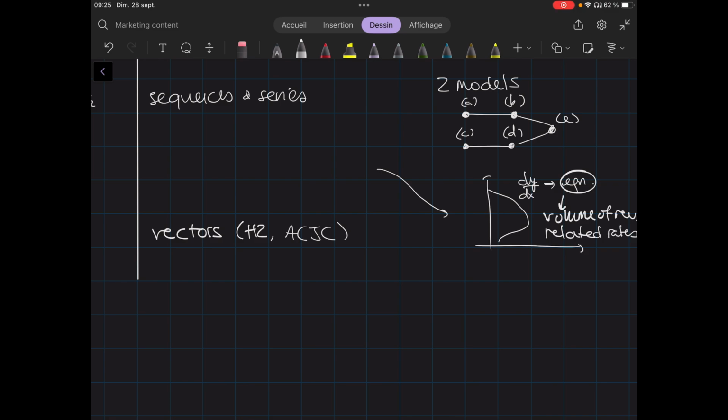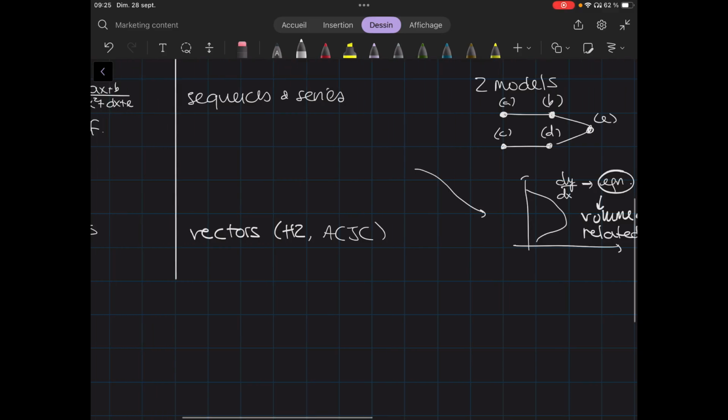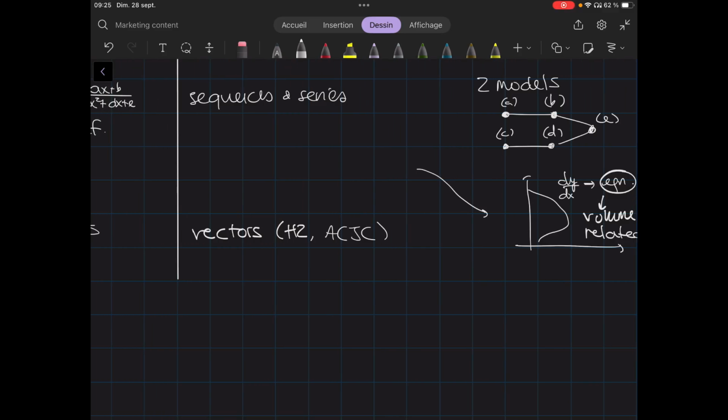So really, the world is your oyster. You can be very creative with this kind of question as long as you have a function. So I'm very tempted to go with differential equations. So differential equations, integration, may or may not have related rates.